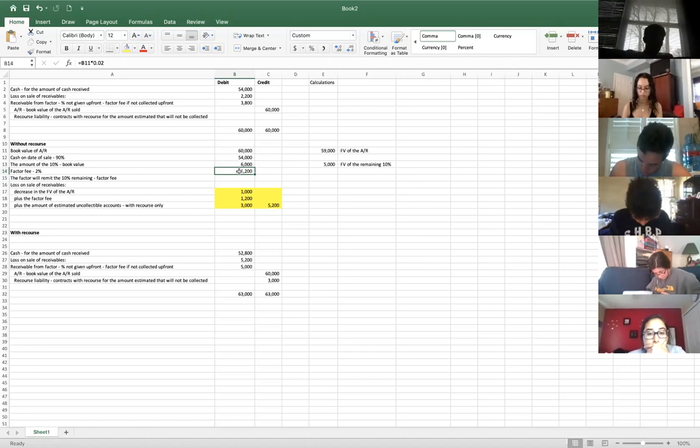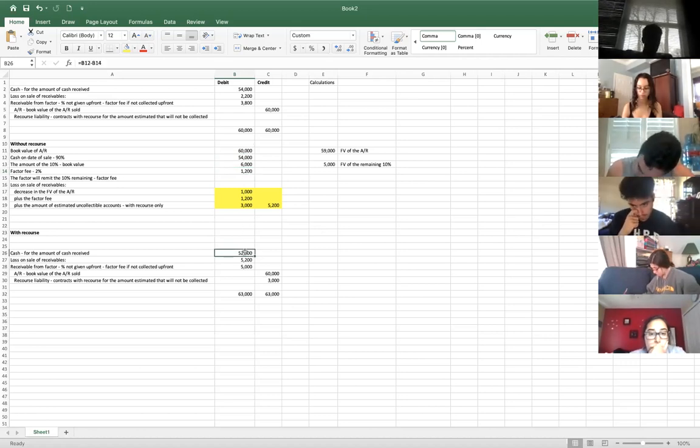It said that the factor fee is going to be subtracted from the 90% that they are distributing immediately. So the 90% is 54,000, 90% of the 60,000. So the 52,800 is the 54,000 minus the factor fee.